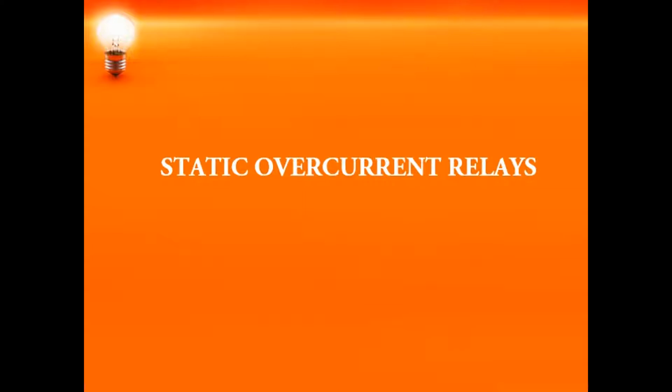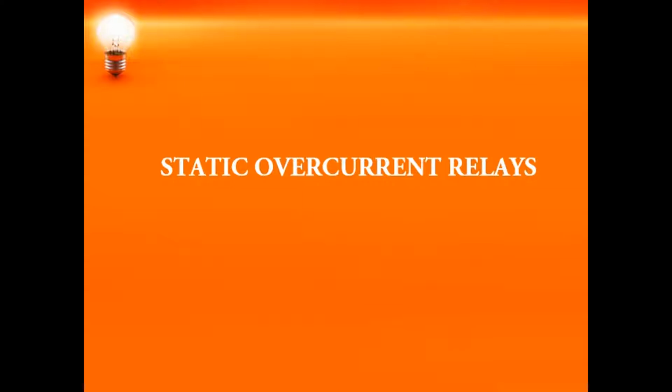So it will compare, and if it is high, it will send a signal and the circuit breaker is going to trip. The static relay uses semiconductor diodes, transistors, Zener diodes, and thyristors as its components. Mainly it uses thyristors.